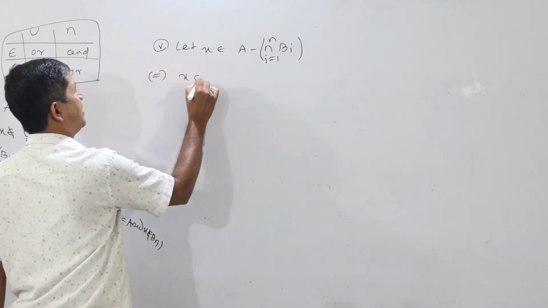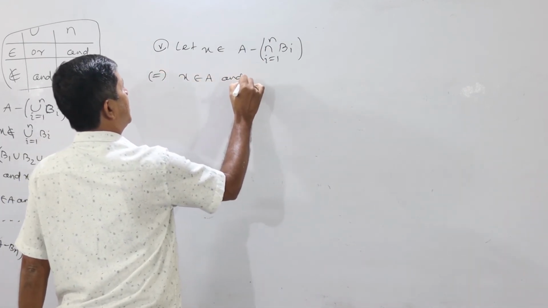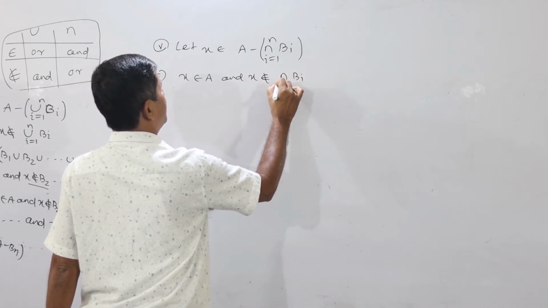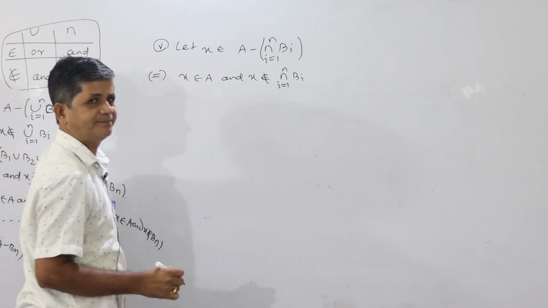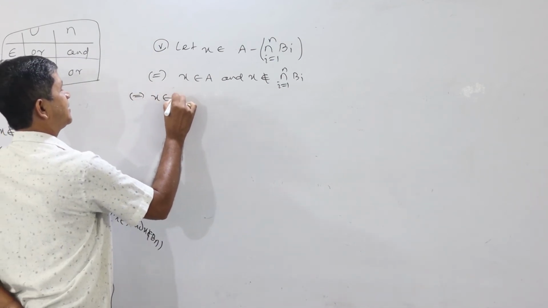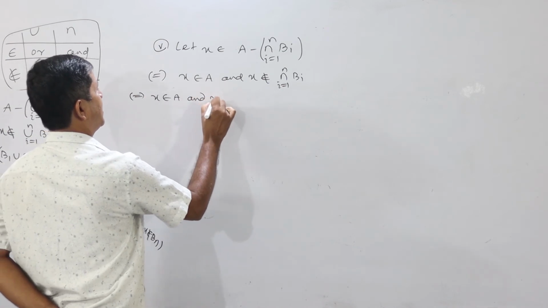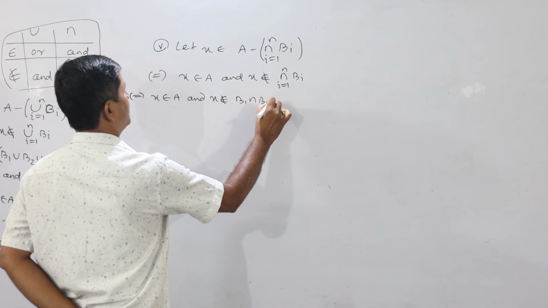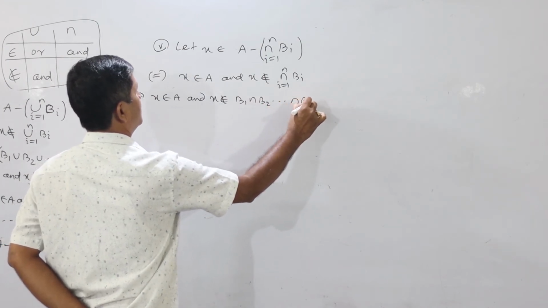This implies and is implied by x belongs to A and x does not belong to intersection of Bi, i varies from 1 to n. This implies and is implied by x belongs to A and x does not belong to B1 intersection B2 ... intersection Bn.